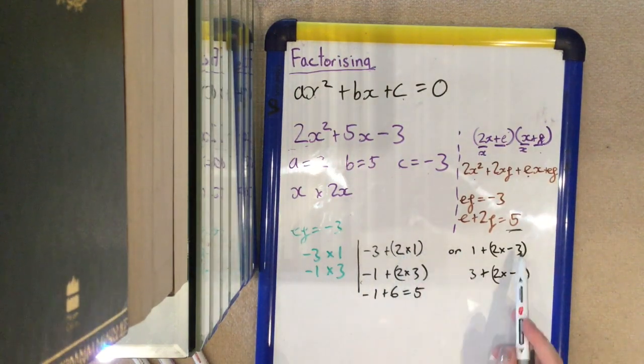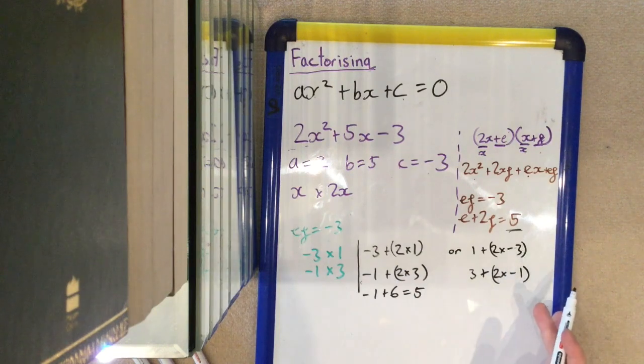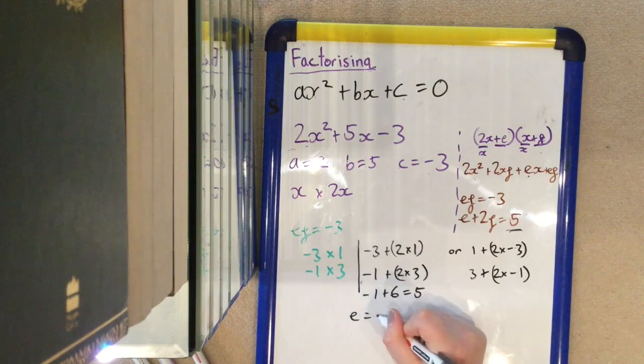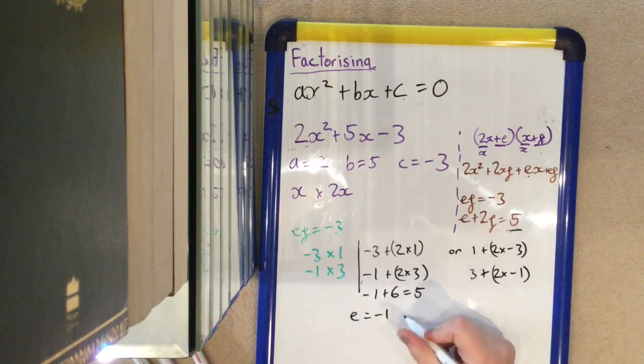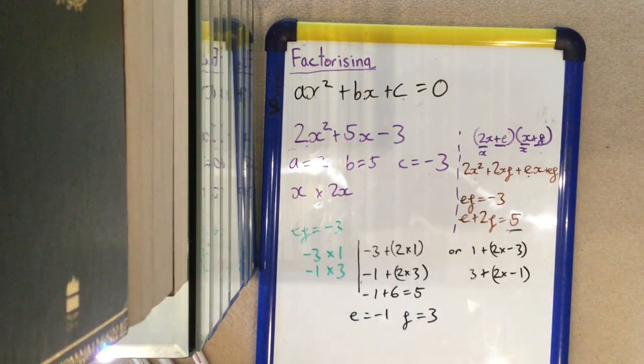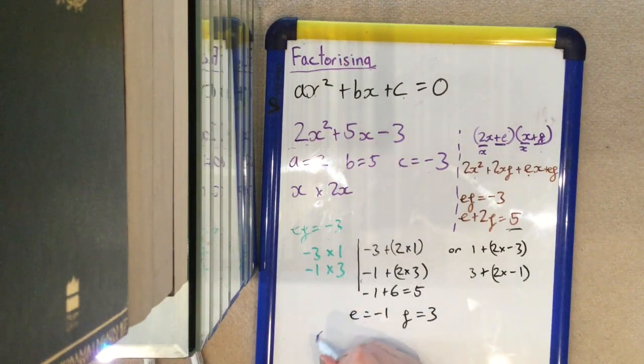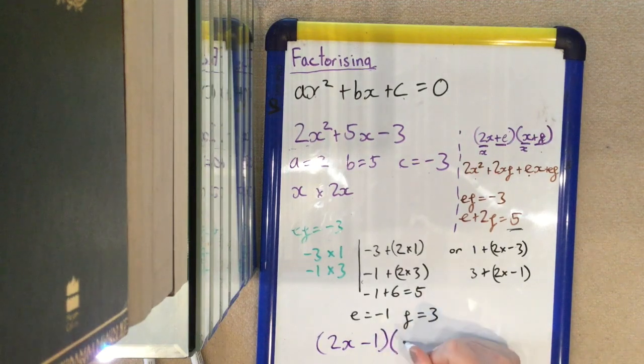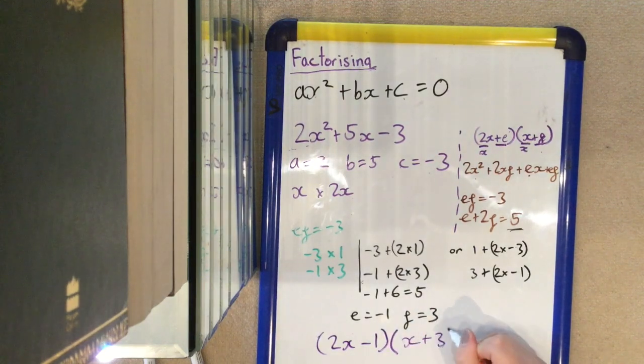Feel free to work out each of these to check, but I'm not going to today. This tells me that my e must be minus 1 and my f must be 3, which means the final expression for this quadratic is 2x minus 1 multiplied by x plus 3.